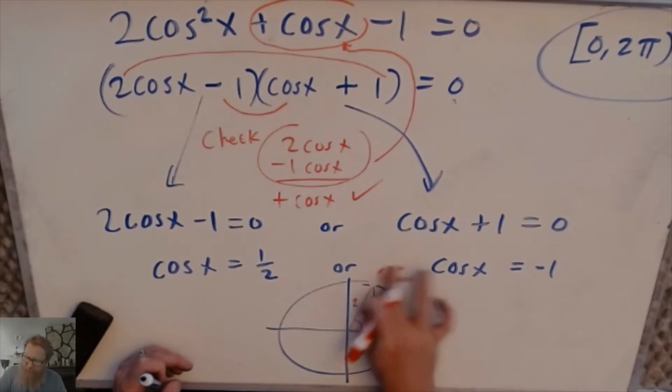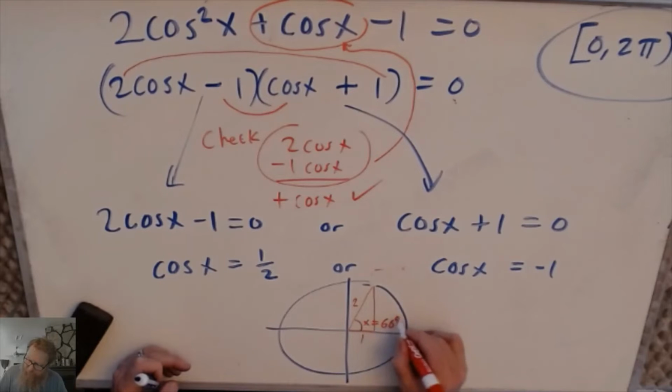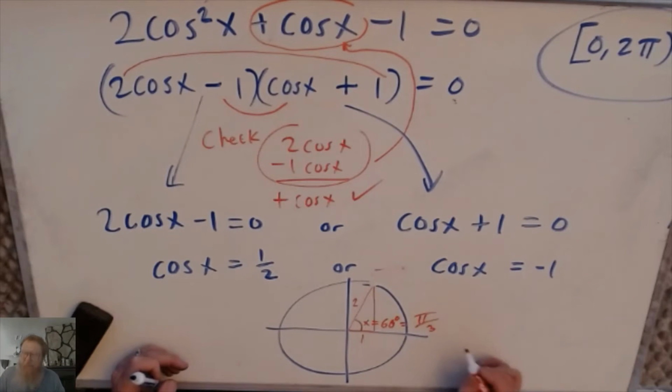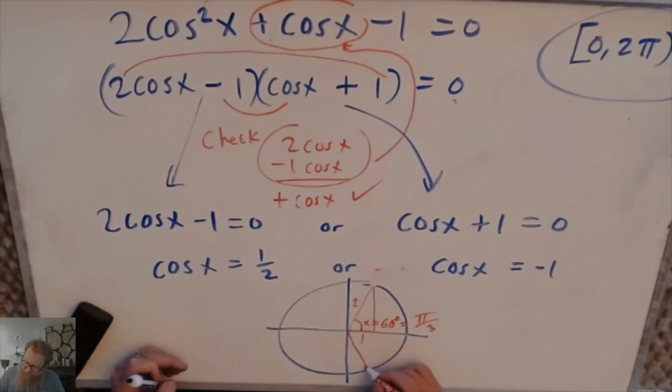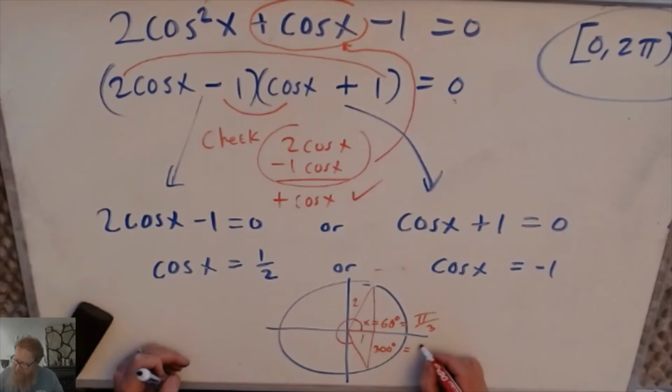I'm going to put it down here, 60 degrees, pi over 3. Cosine is also 1/2 down here at 300 degrees. We did this a little while ago. That's 5 pi over 3.